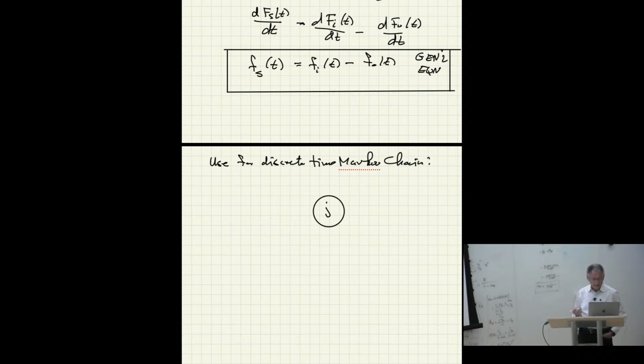Now, that state j receives probability from other states. Let's draw a bunch of possible other states, and I'll name them I sub 1, I sub 2, down to, say, I sub p.